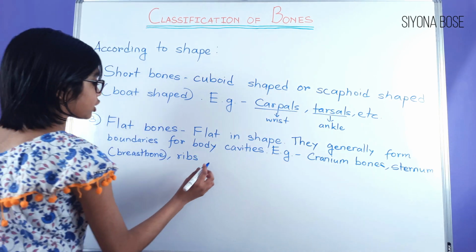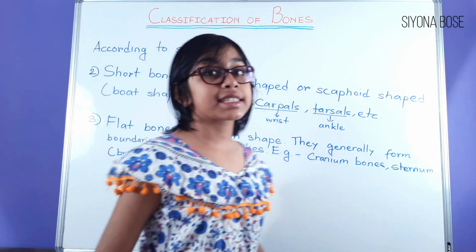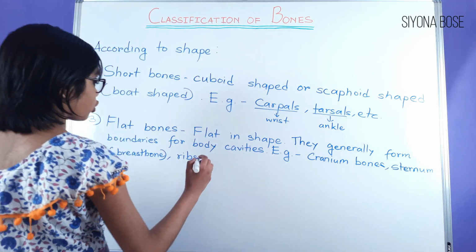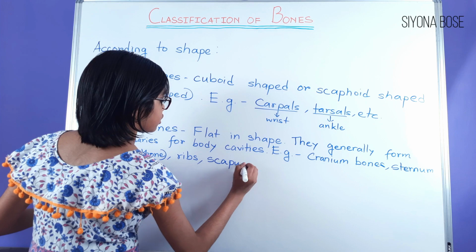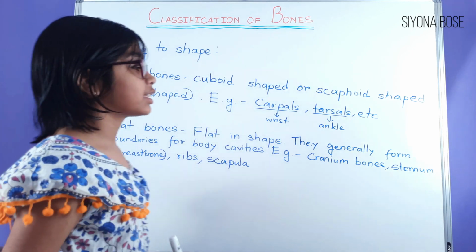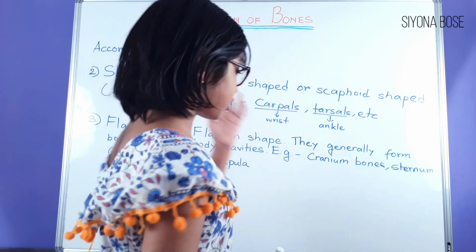They form the rib cage. And the scapula or shoulder blade. The scapula is a part of the appendicular skeleton.